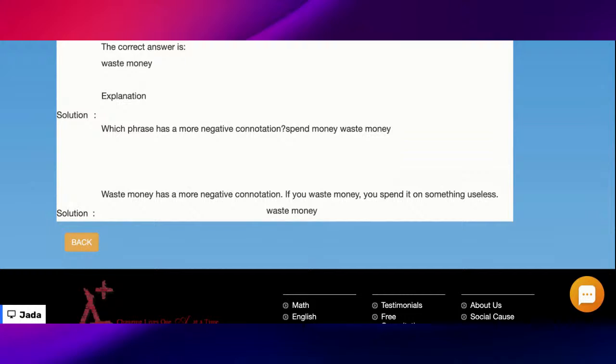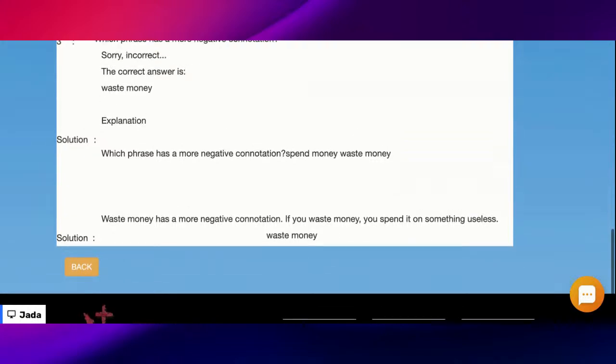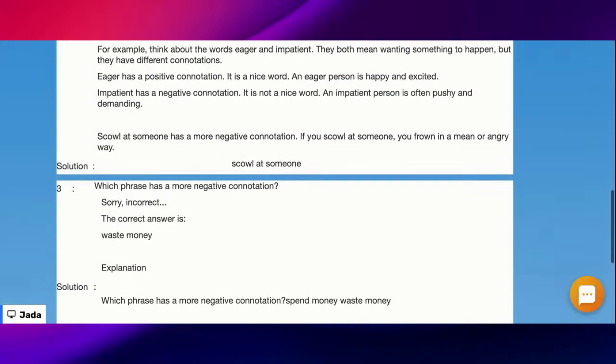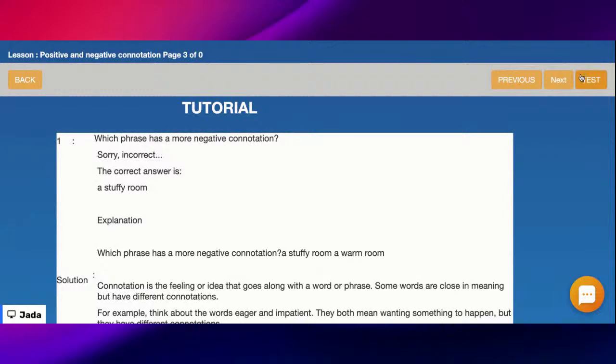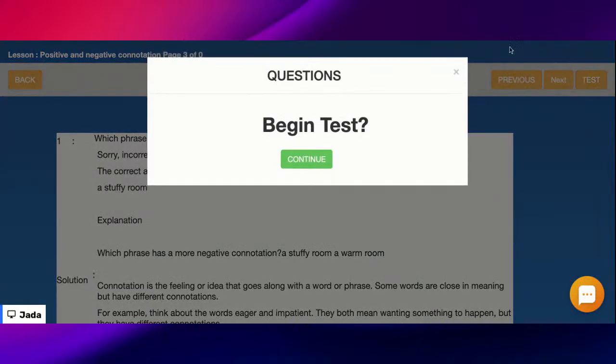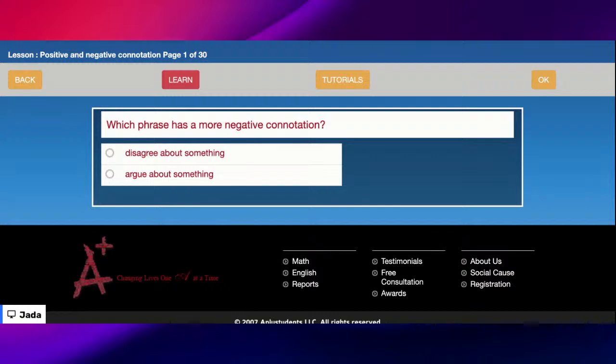Okay. So yeah, you have to take note of the feelings that come with certain words. They can mean the same, but they have different connotations. The connotation could be positive, it could be negative. All right, so let's move on to the test.